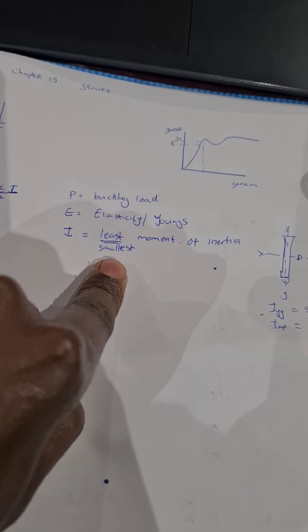Because it's going to bend by the least. It's just simple. For example, when I'm applying the load, where does it bend? It bends by IYY in this case. If the orientation was like this, it's going to bend with IXX. So take note of the orientation.